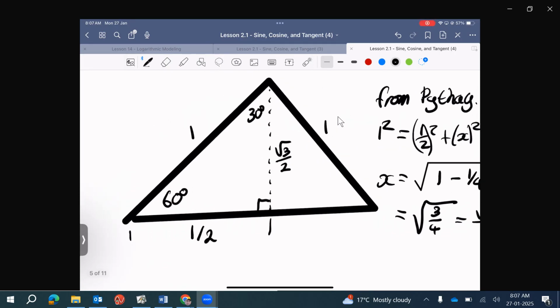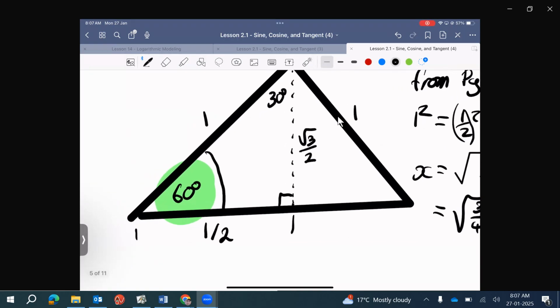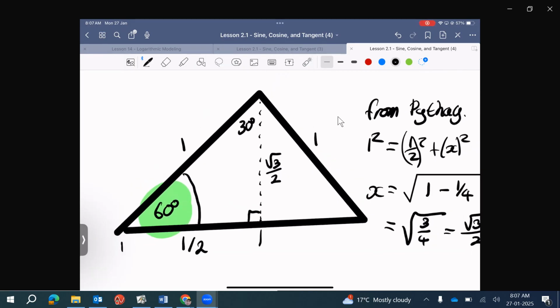So what is the sine? We can then use this special right triangle we've just made. Firstly, we'll take this one. What is the sine of 60 degrees? Sine is opposite over hypotenuse.